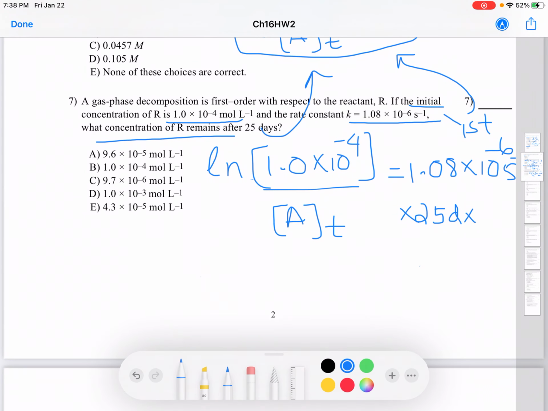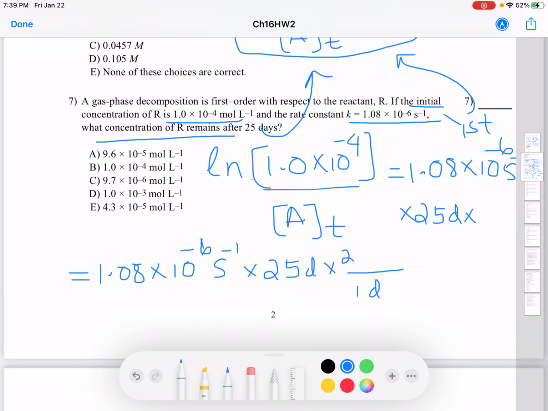So I'm going to write here 1.08 into 10 to the negative 6 per second times 25 days, and now you need to convert it to seconds.